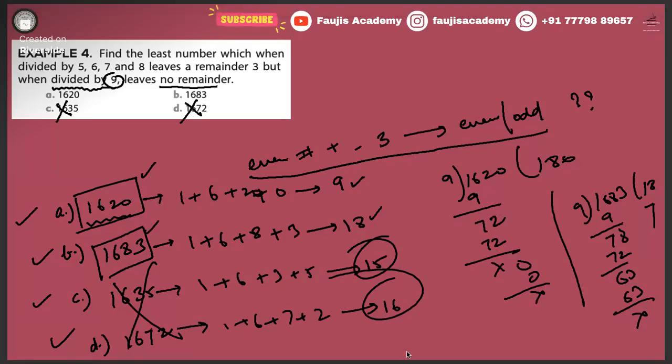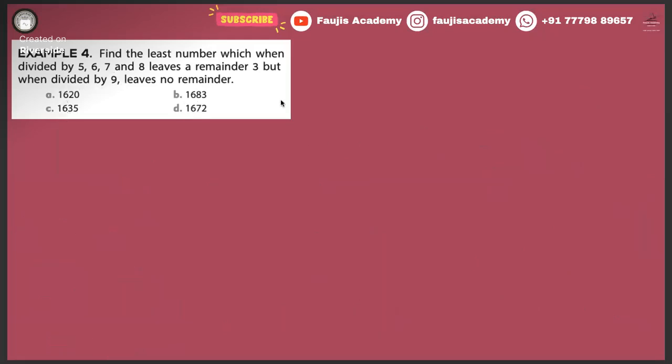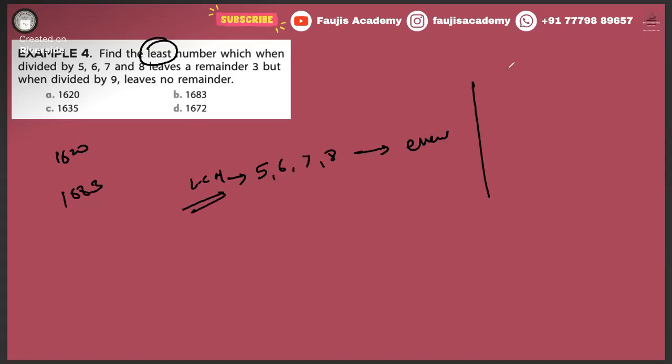Now out of the two options, A and B, 1620 and 1683, as my friend Nan Gowda has also told me, the LCM of these three numbers is an even number. Why are we finding the LCM? Because there is a least number. Let's say I have an even number, say 20, 40, 100.